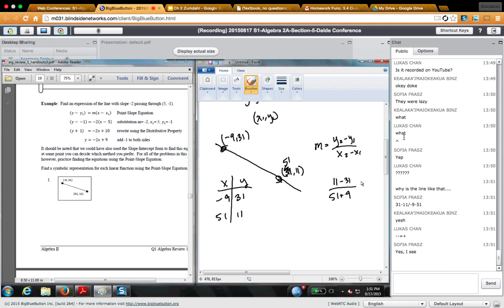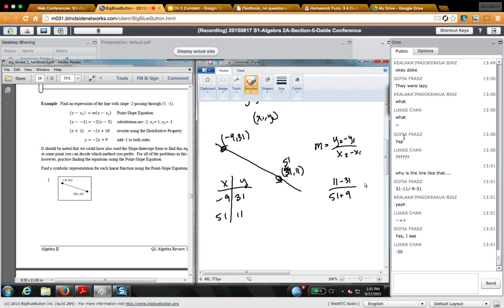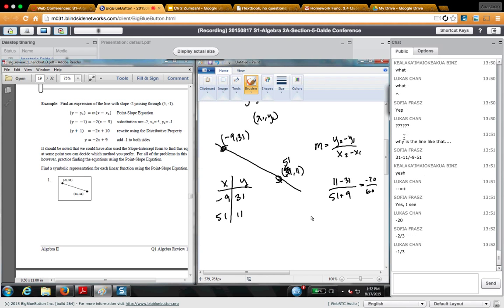So really what I'm dealing with here is, what is 11 minus 31? Is that negative 20? Yeah, all right. So I'm dealing with negative 20 divided by 60, because 51 plus 9 is 60. All right, so my slope is negative 1/3. We cool with that?